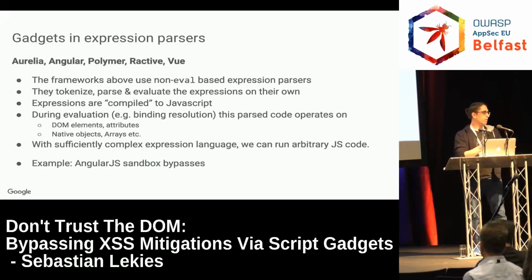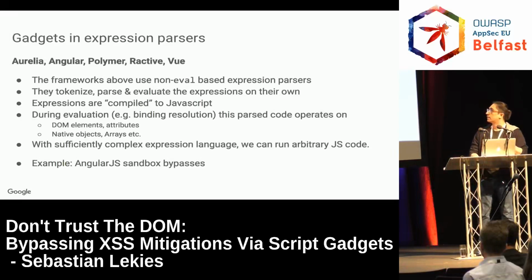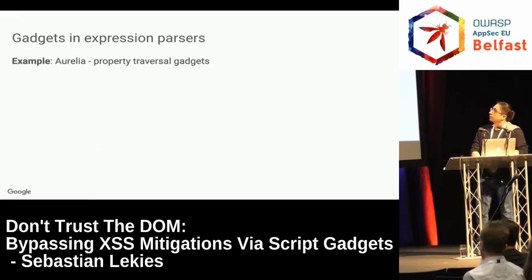And what most of the sandbox bypasses for the AngularJS framework showed throughout last years, I believe, is that you can escape this parser or escape the execution environment. This is a virtual sandbox that tries to limit what you can execute from within the expression language into, well, alerting, essentially, right, as a proof of concept. So our research kind of builds upon that, but in a slightly different context.